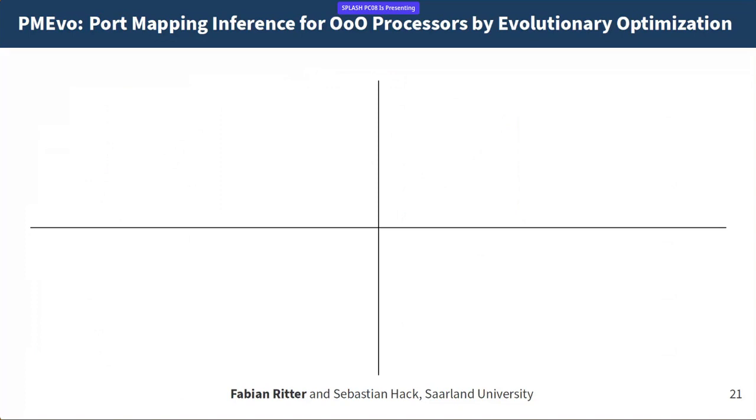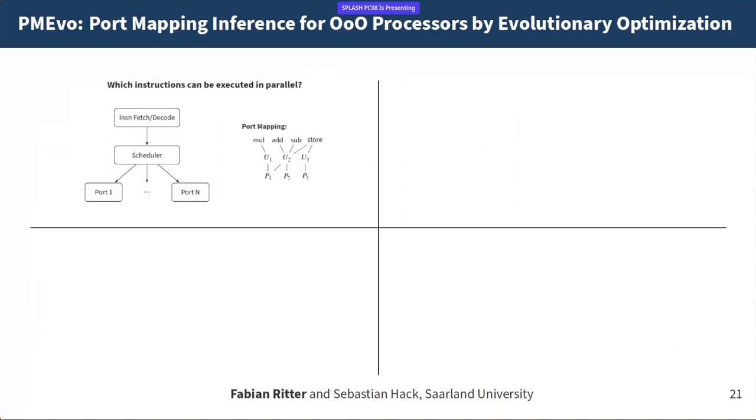Okay, so to summarize what we've seen, port mappings are quite important for really low-level performance prediction and finding out how to execute your code fast. Because the hardware manufacturers typically don't give you this information, we developed an evolutionary algorithm that is able to infer them.